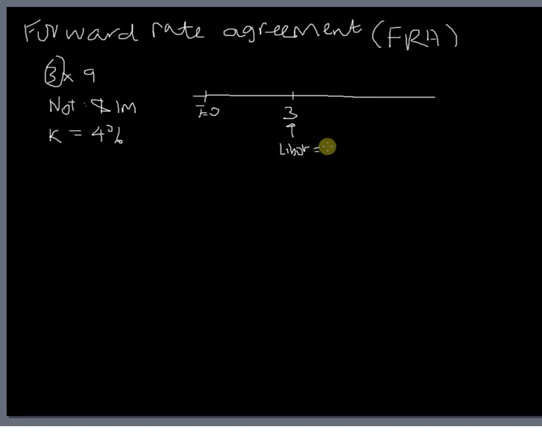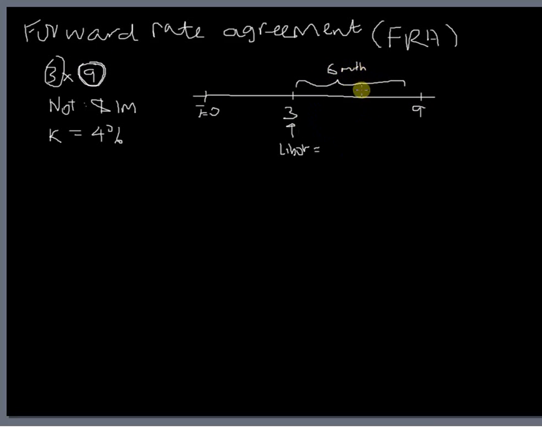And the LIBOR here that we should look at is the 6 months LIBOR. Why? Because this duration here, which we say is 9, is 9 months from t equals 0, which is also equivalent to 6 months from the maturity of the FRA.